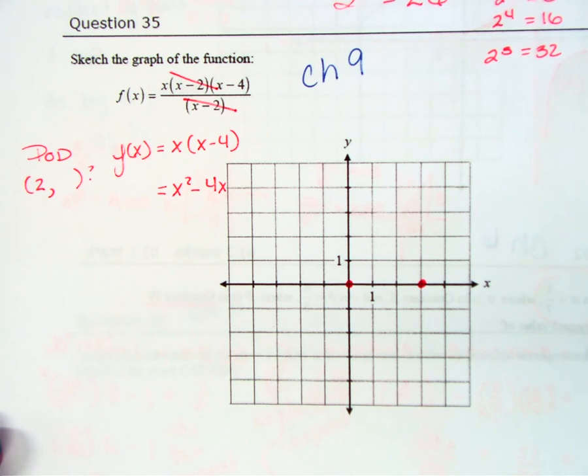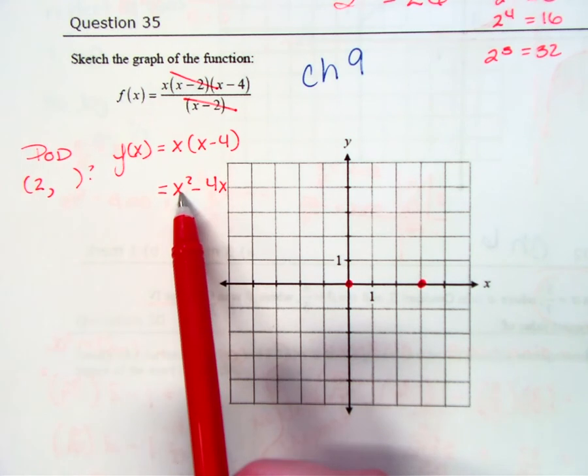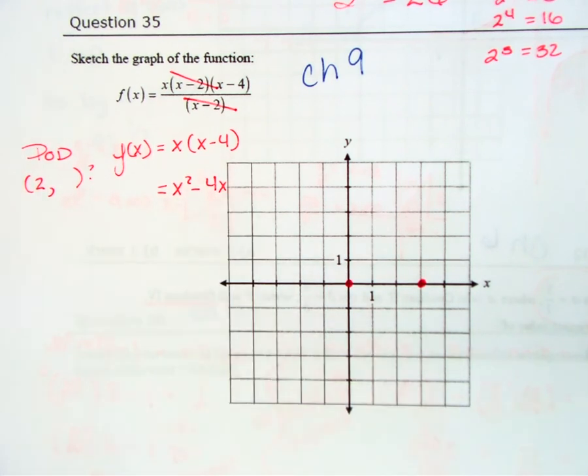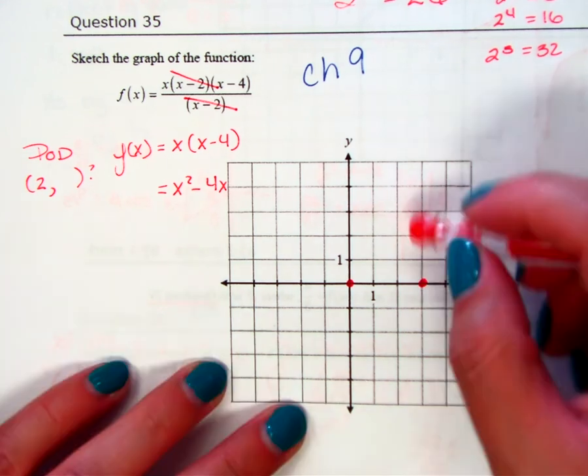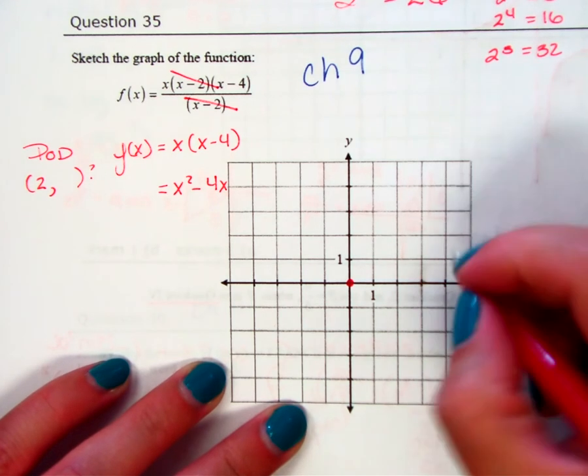Okay, so if we want to calculate the POD, where is it? How do we calculate the y value for our POD? Sub in the 2 into the simplified one, right? So we're going to have 4 minus 8. Oh, sorry, my x-intercept? Thanks. Good thing.